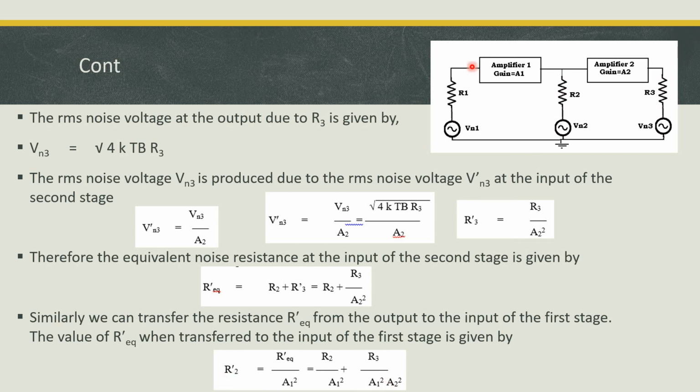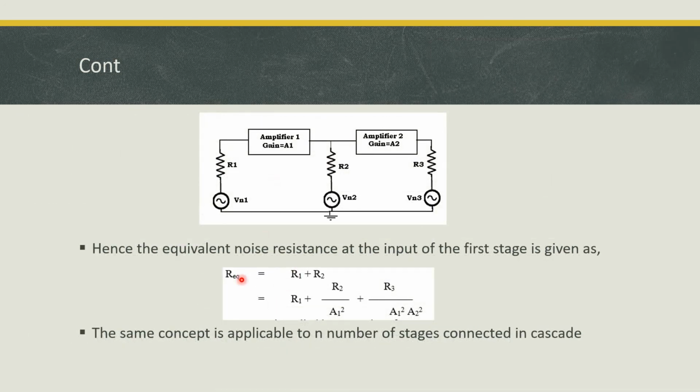This R2 dash will be added with R1, that is the equivalent noise resistance. So you can see here R equivalent equals R1 plus R2 dash. We have already calculated R2 dash: R2 divided by A1 square plus R3 divided by A1 square into A2 square. This is the equivalent noise resistance.